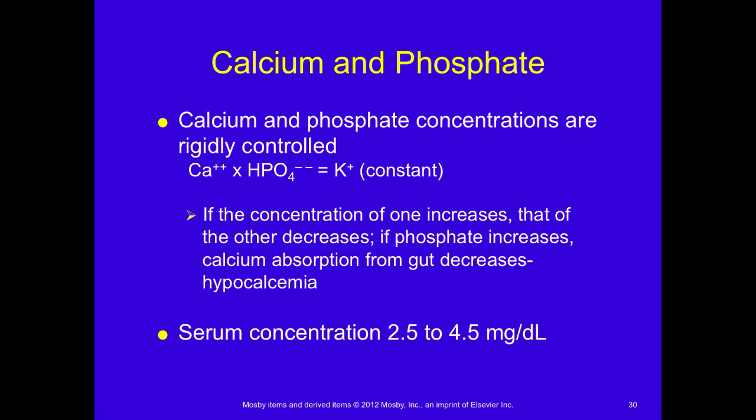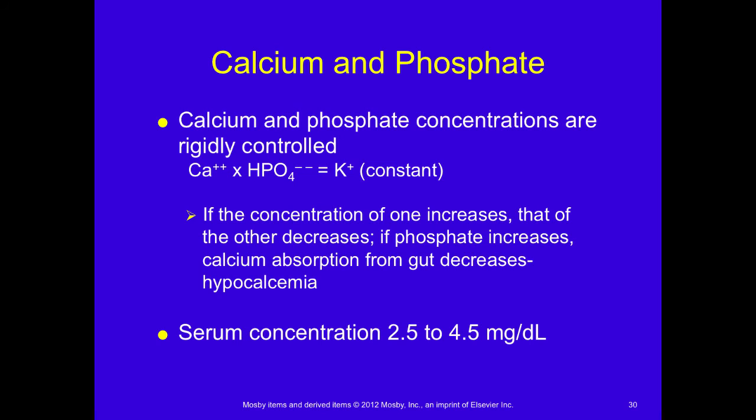So if you have high calcium levels, what do you think you're going to see in your phosphate levels? They're going to be low, and vice versa. Okay, one can cause the other one to shift. So again, next time you look at your electrolytes on your patient and you see calcium is off, look again at phosphate and see, are they inversely proportional? And most likely they will be.